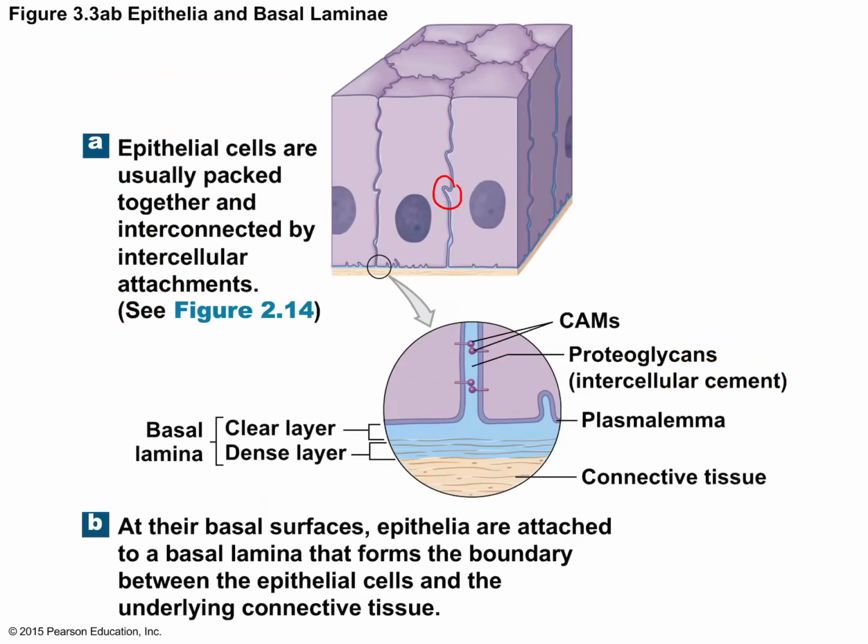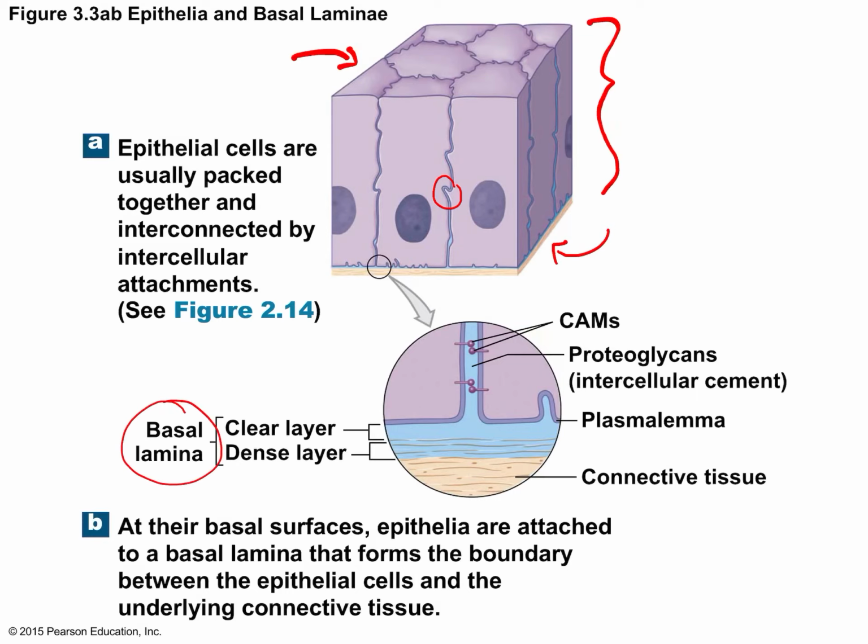Okay, let's take another look. So here again, we're taking a look at our sheet of cells. Notice that we have one cell next to another. Notice our interlocking of the plasma membranes. And then notice that we have the free surface up here, right? So this is our free surface or apical surface. The bottom of this sheet of cells is going to be attached to our basal lamina.